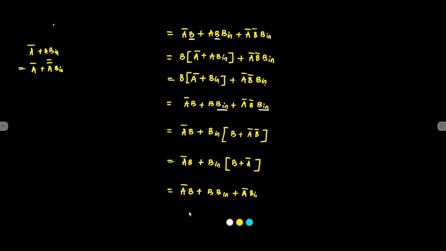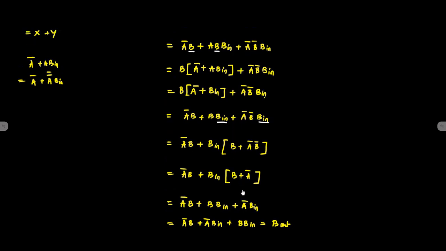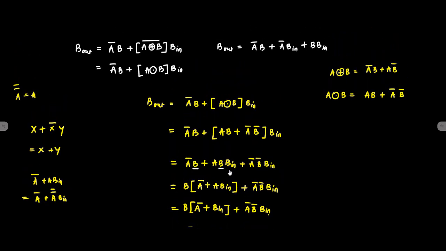Again rearranging it, A bar B or A bar Bn or B Bn. This is the same as the borrow output which we discussed at first, in the different ways of expressing the borrow output.